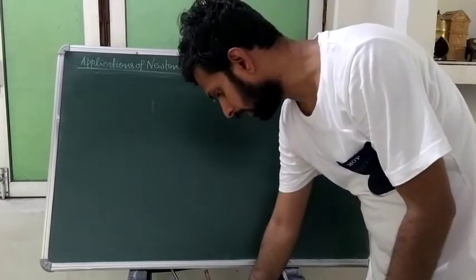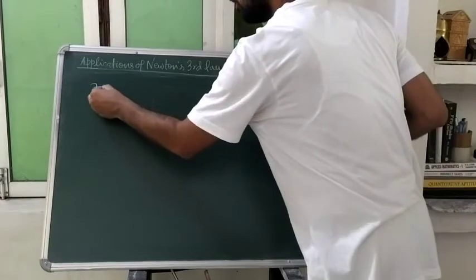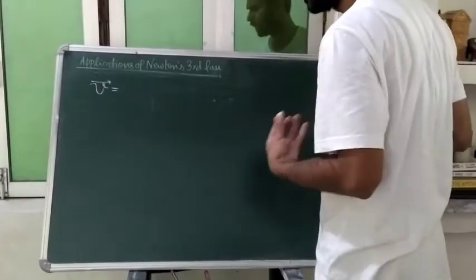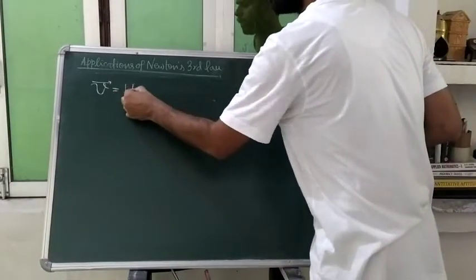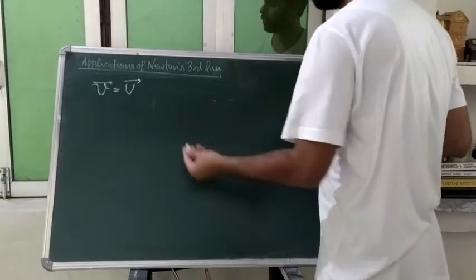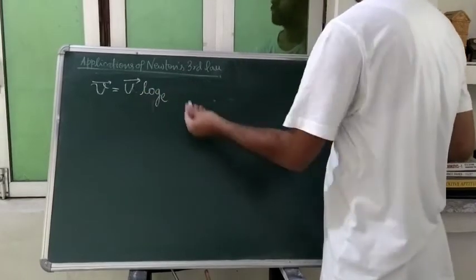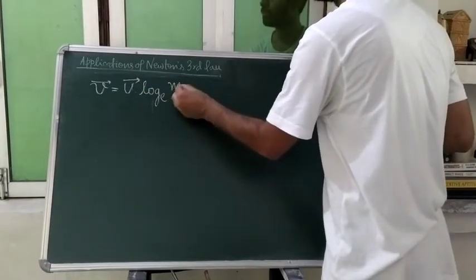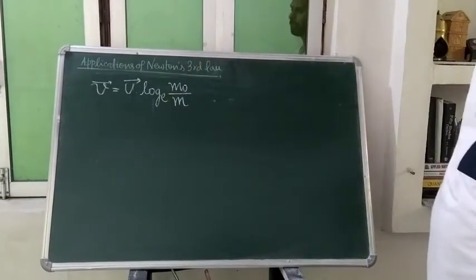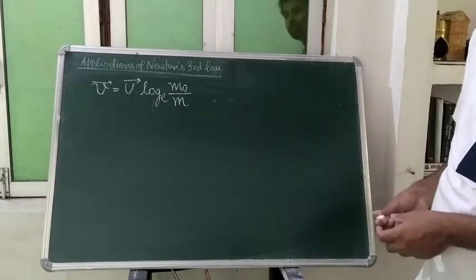So student, we were getting the expression of the velocity of the rocket at any instant t, that was equal to our exhaust velocity of the gases u times log base e m naught divided by m. So it was the expression which we were getting.